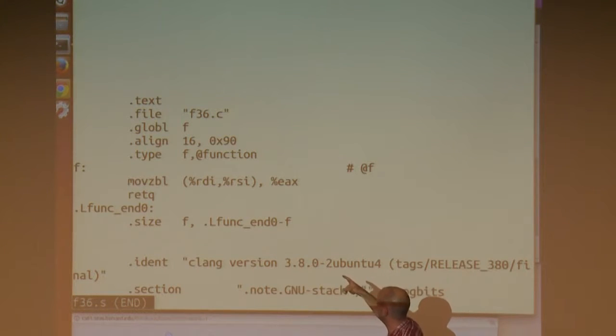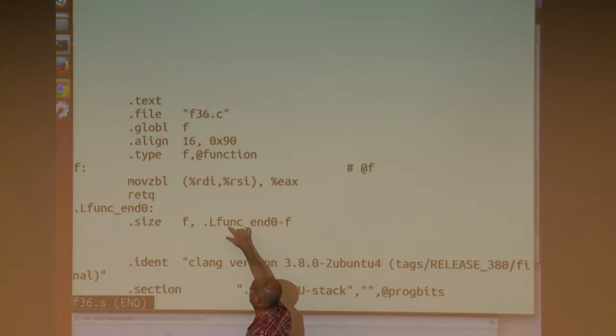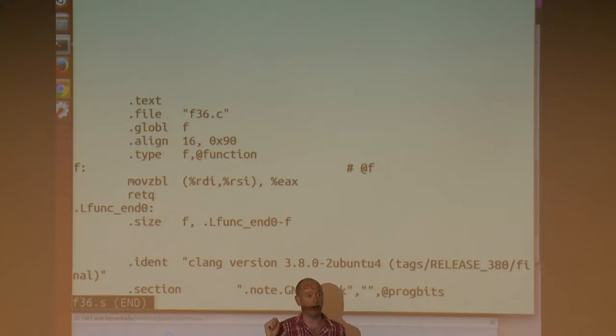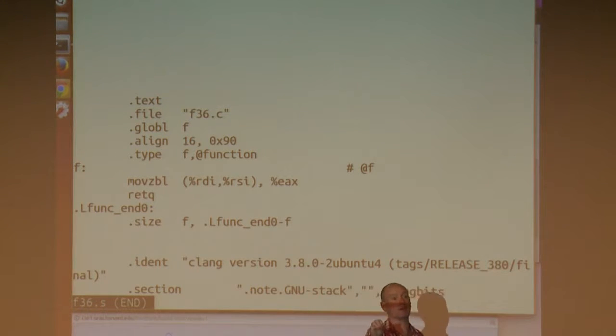Something being pointed to is likely to be an unsigned char because we're moving a zero extended byte into a long. But you've also noticed something else, which is that now we have a 2-parameter function, at least, because we're using both of the initial 2-parameter slots, RDI and RSI.